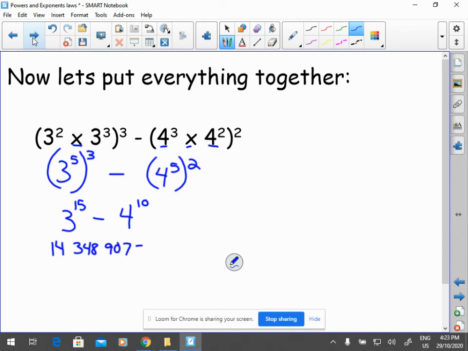And I am subtracting 4 to the power of 10 from that number, which is 1,048,576. So if I subtract the two from each other, I get a final answer of 13,300,331. Okay, so I used my laws to simplify first, and then I solved.